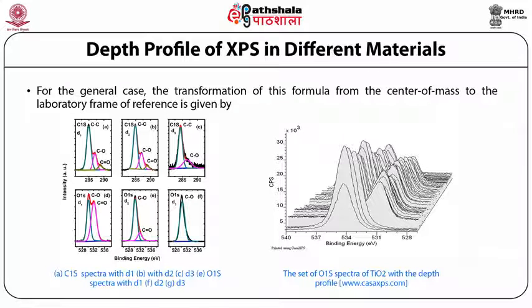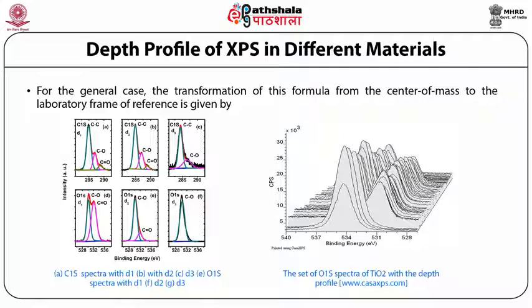For example, the data in figure 5 derives from a multi-layer sample consisting of alternating layers of silicon oxide and titanium oxide on top of a silicon substrate.